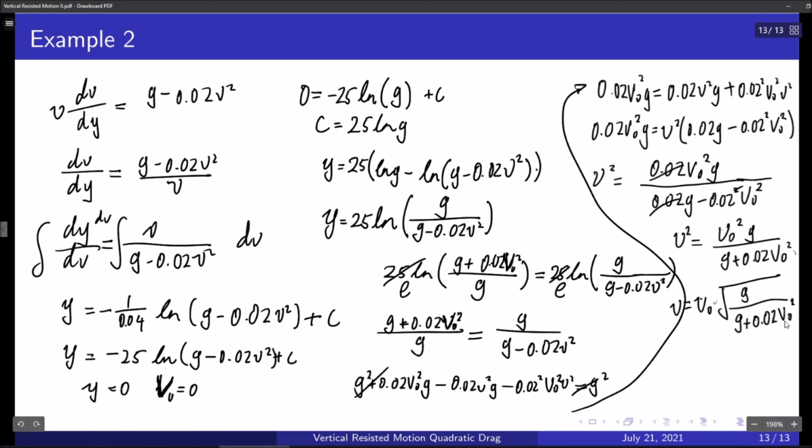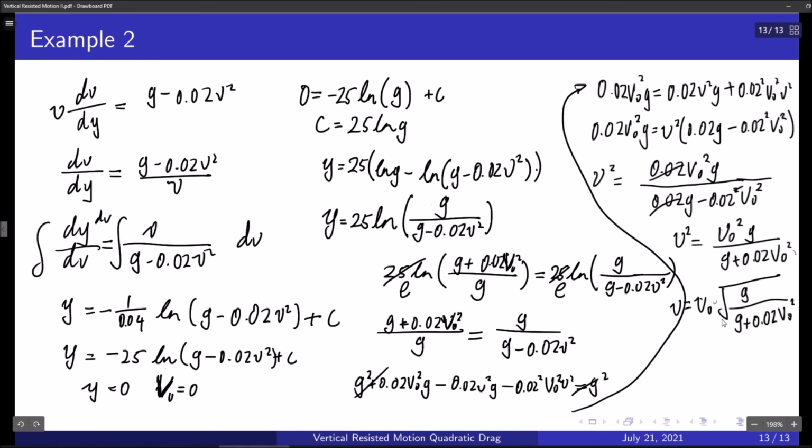Because the initial velocity is positive, the denominator will always be larger than the numerator, which means this number will always be less than 1.